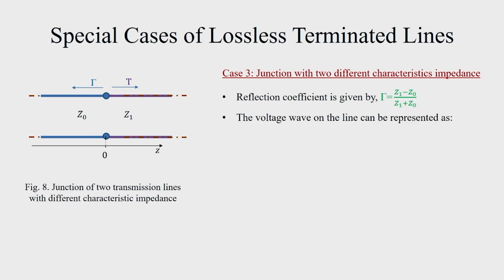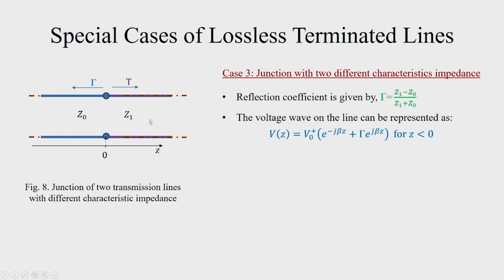and the voltage wave on the line now can be written as follows. So, we will have the incident voltage V naught plus e to the power minus j beta z and the reflected voltage V naught plus into gamma e to the power j beta z, which is travelling in the minus z direction, and both these waves will exist in this part of the line for z less than 0.